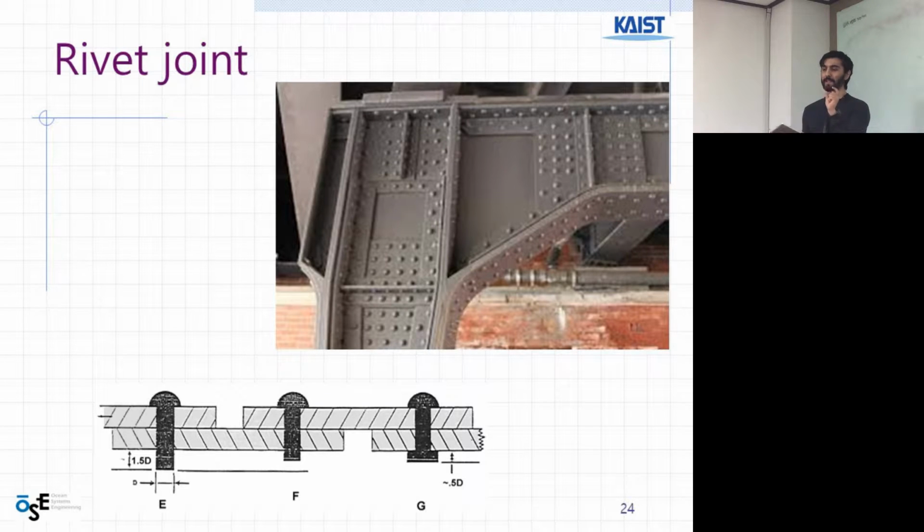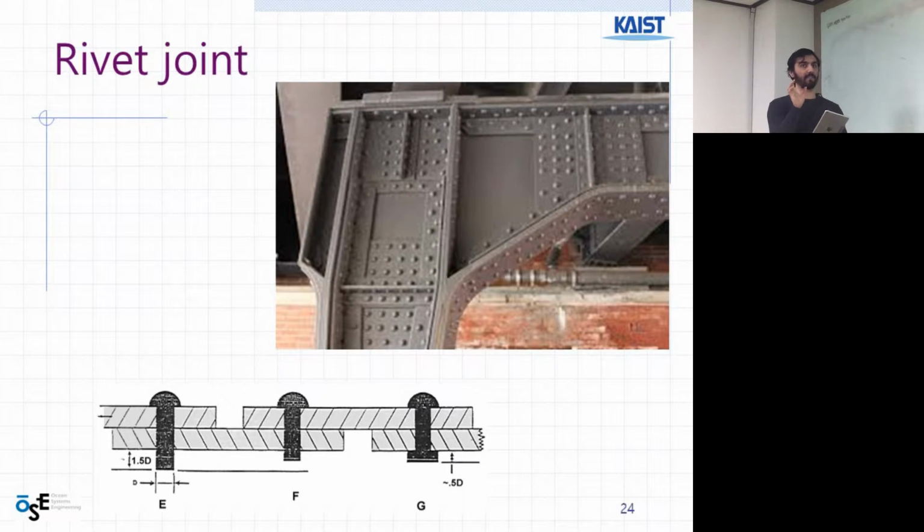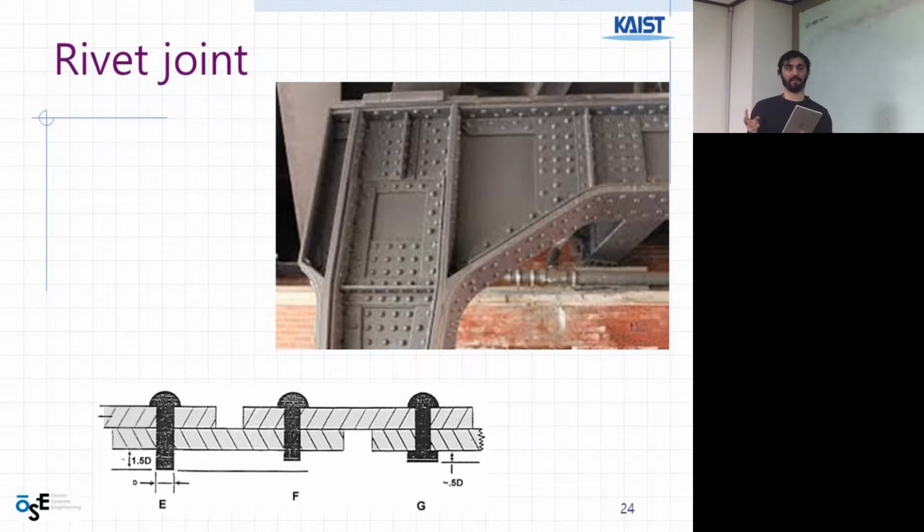So the rivet is now fixed in that structure, and it keeps the whole structure fixed. Now the rivet is of dumbbell shape because there are two heads.